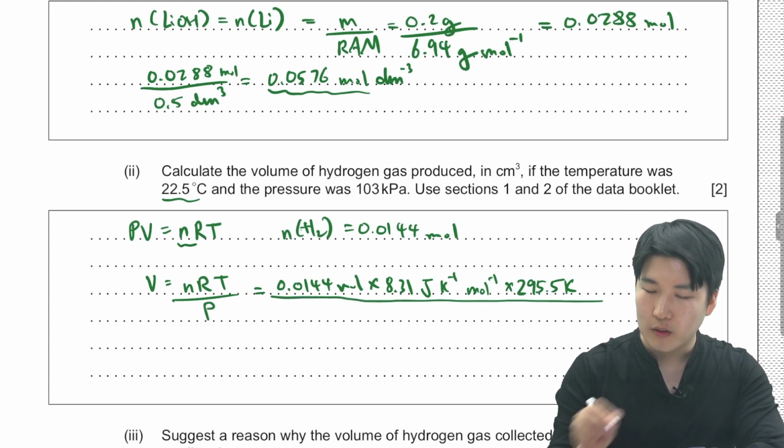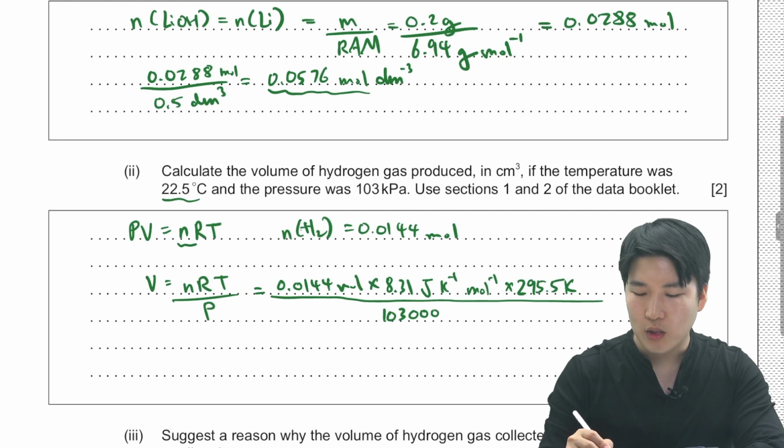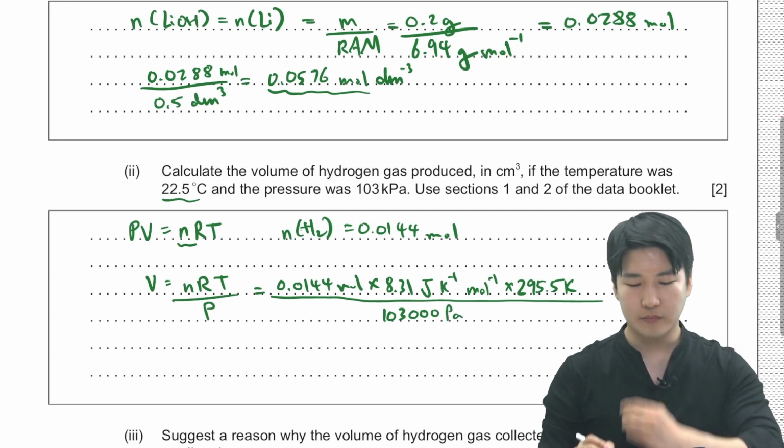over pressure. Pressure we're given as 103 kilopascals. But let's convert that into Pascal. So we are given 103,000 Pascal.